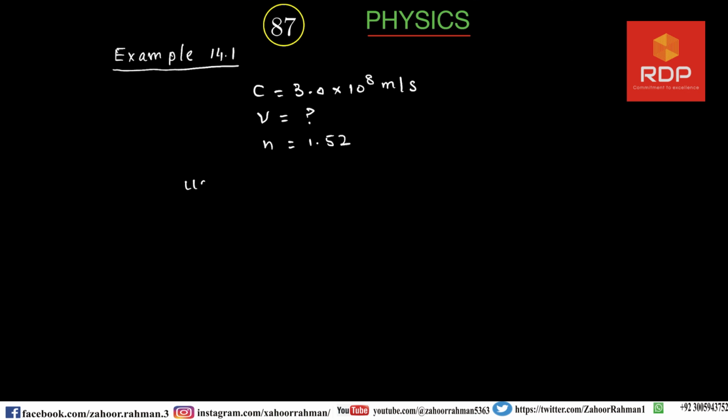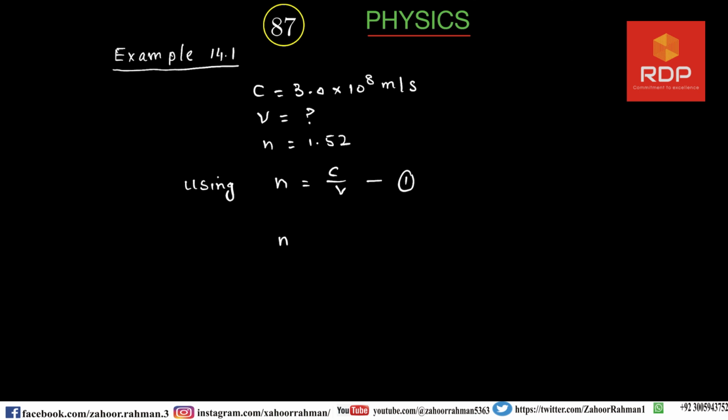Now in the last lecture we derived that n is equal to c divided by v, where n is the refractive index, c is the speed of light in vacuum, and v is the speed of light in crown glass, which we have to find. So the speed of light in vacuum is 3.0 into 10 raised to the power 8.